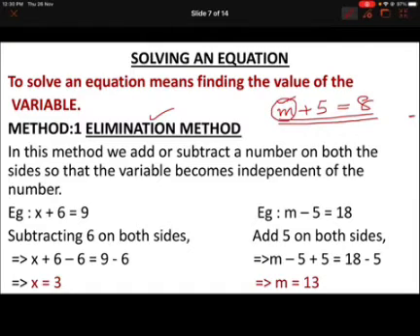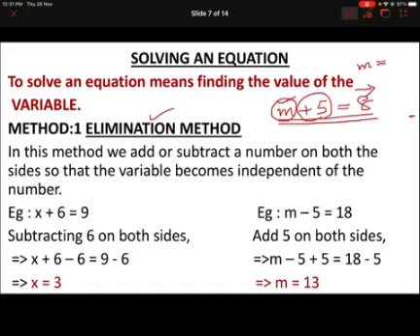That means on the left hand side we should have only m, and send all these numbers attached to m to RHS. You have learned this also. Try to recall. So in the elimination method, I want to get rid of this 5. Getting rid of 5 doesn't mean that we simply erase it. So how do we get rid of 5?